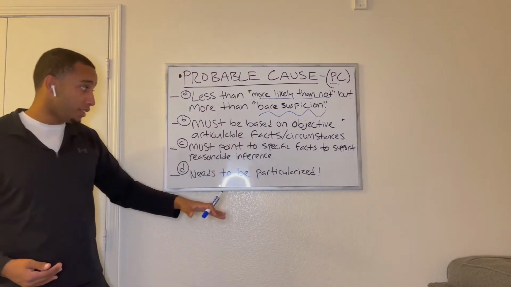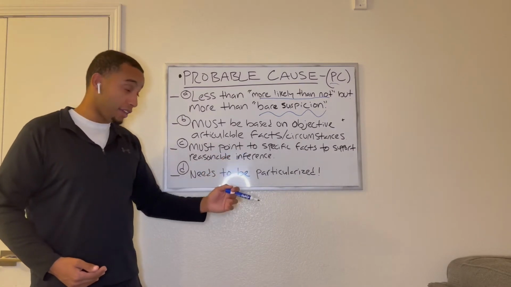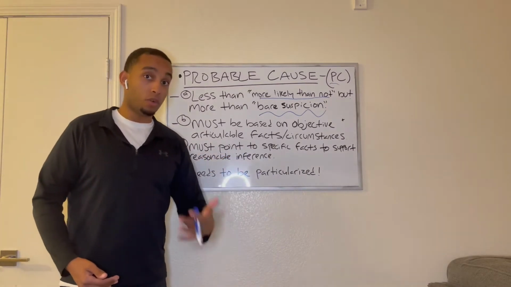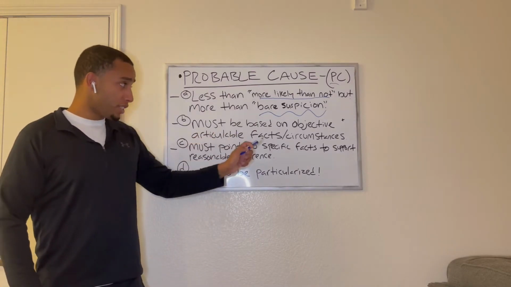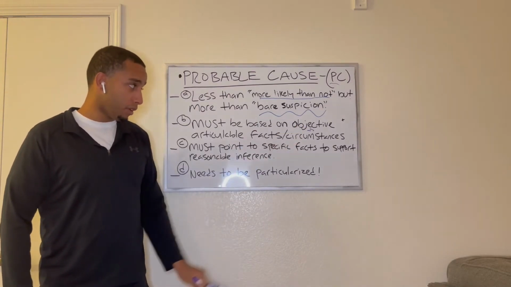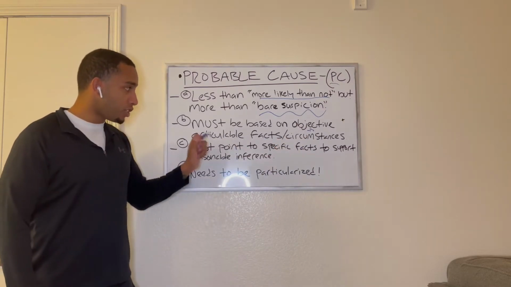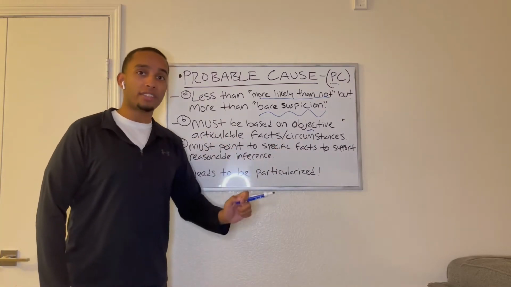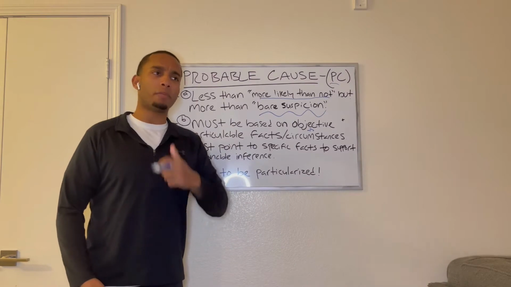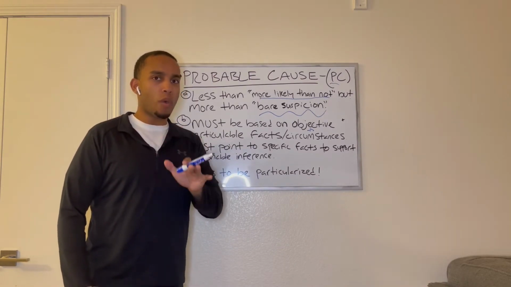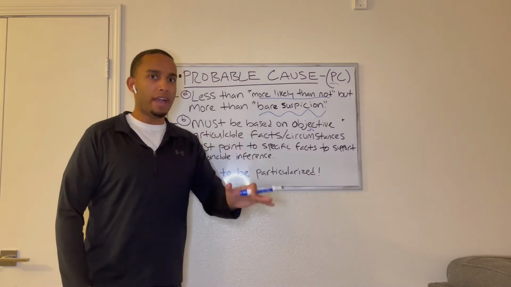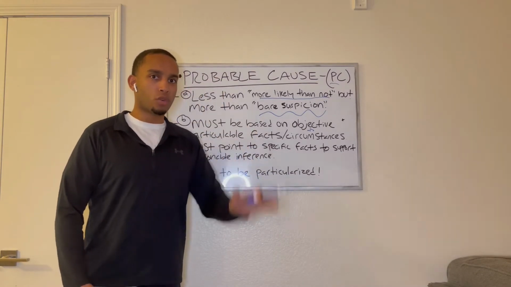Letter B states that the officer's facts for wanting to arrest you, pull you over, whatever, must be based on objective and articulable facts and circumstances that will make the officer say, okay, I have more than a bare suspicion, but I'm not quite sure 100% that this person committed a crime.